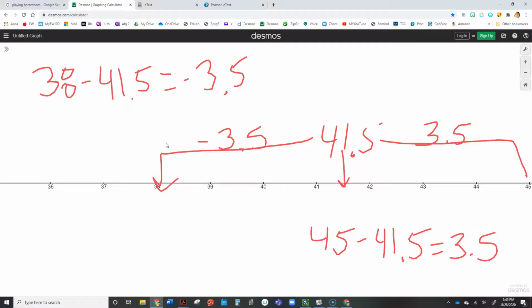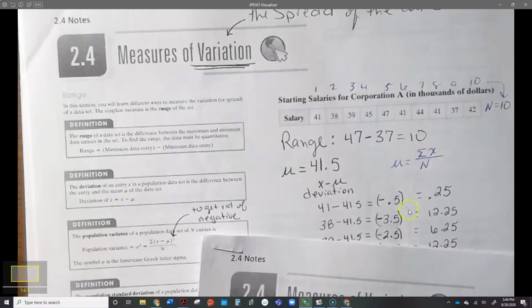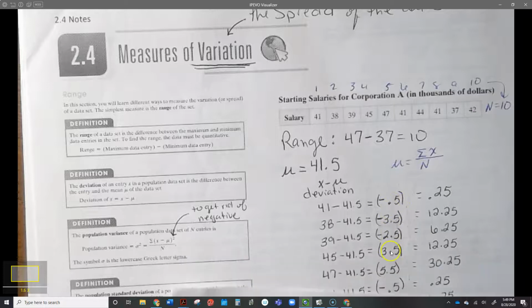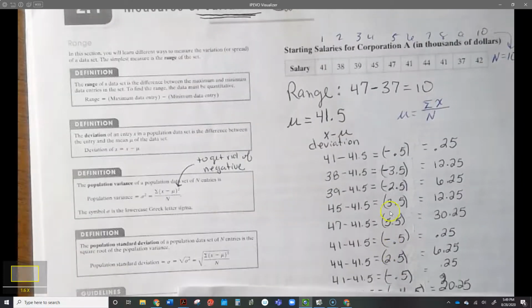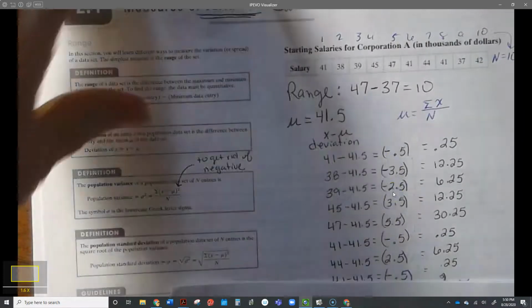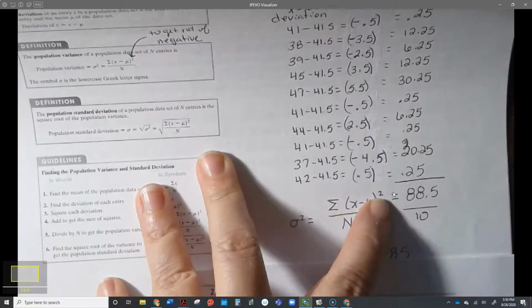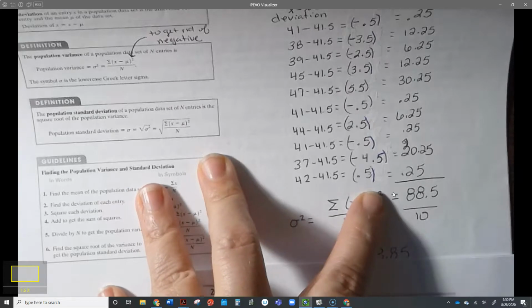But if we add those two distances away, haven't we accumulated a distance of 7? So that's what's happening when we use this formula that forces us to subtract. We end up with some negative distances, and then we end up with some positive distances, and then when we try to add them together down here, we would end up getting a number that doesn't make any sense when we added all those up.